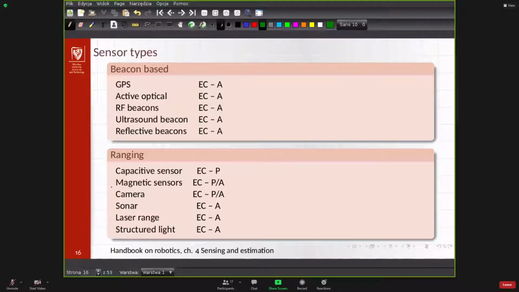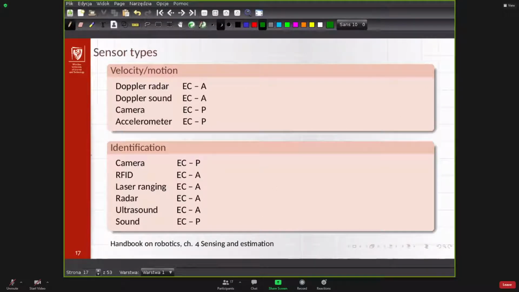And yeah, lots of different options: capacitive, magnetic, sonar, camera, laser ranger, structured light based. So yeah, different approaches. When we go later to the vision-based sensors, we will also say how the ranging using the vision system, so the cameras or structured light, really works.